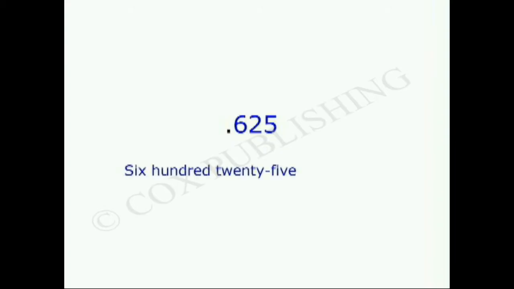Bruno, can you write this number in word form? I think I can. The numerical part is 625, and the place value part is thousandths. 625 thousandths. That's correct. Irving, can you do this number? I sure can.